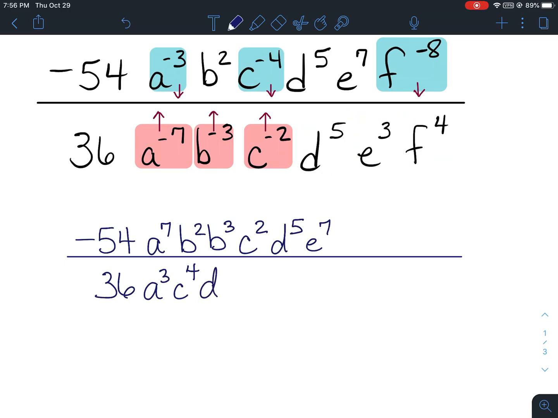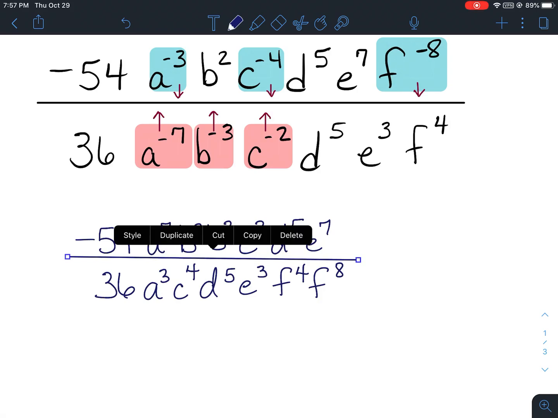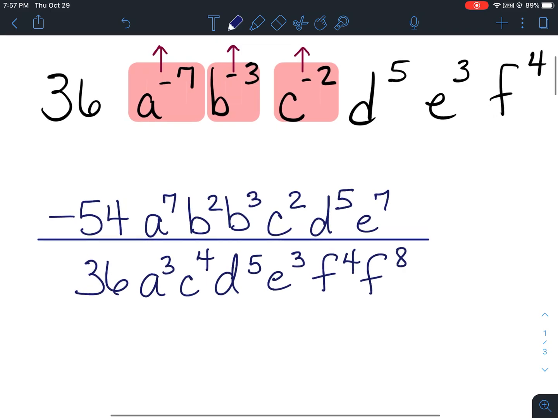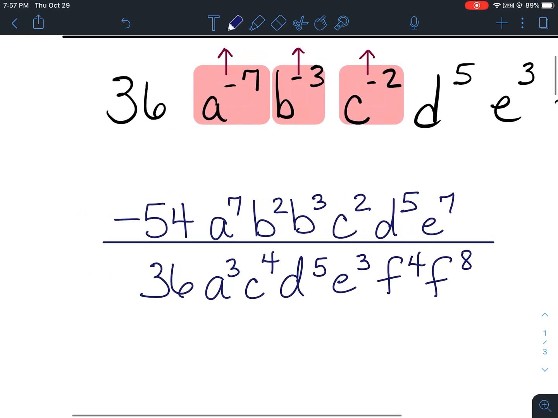So I'm going to write down d to the fifth, e to the third, f to the fourth, but then also this f to the negative 8 moves to the denominator and becomes f to the positive 8. All right. Now that all my exponents are positive, now I can divide.